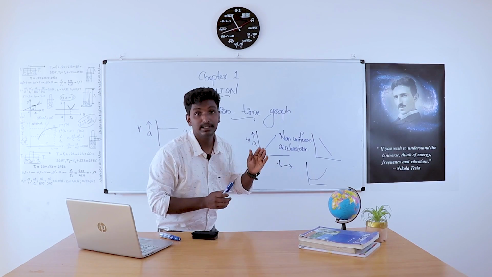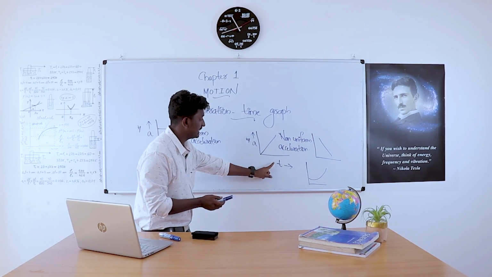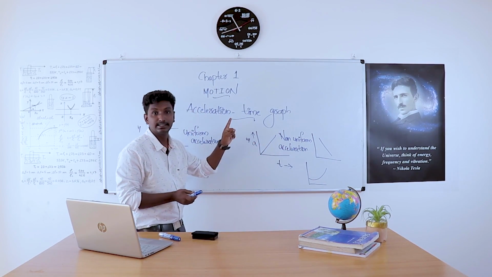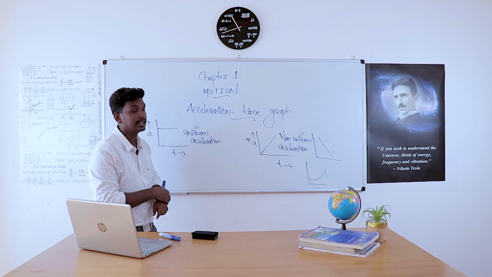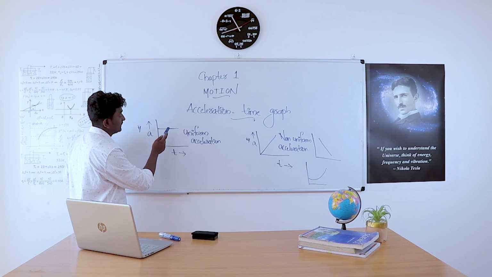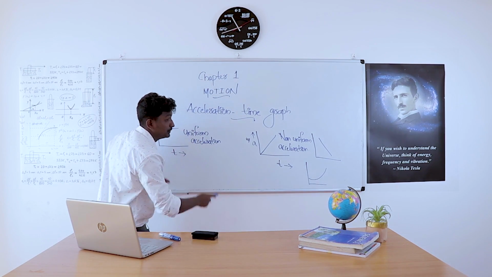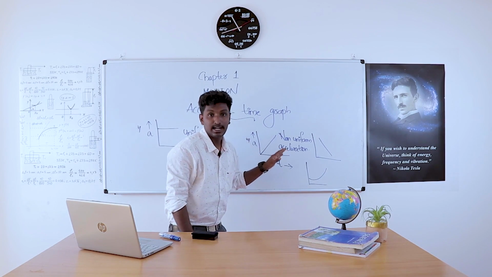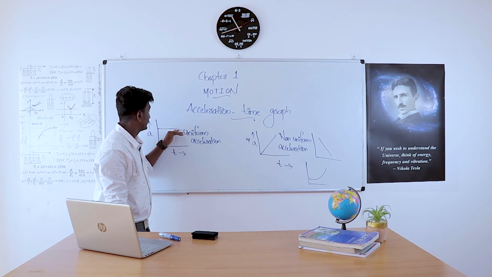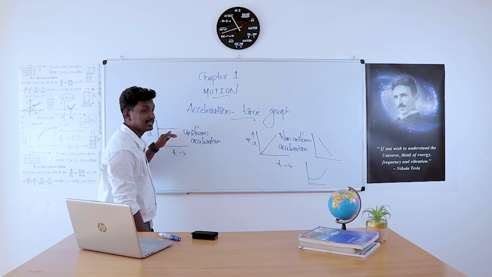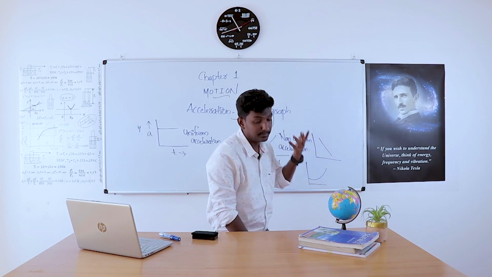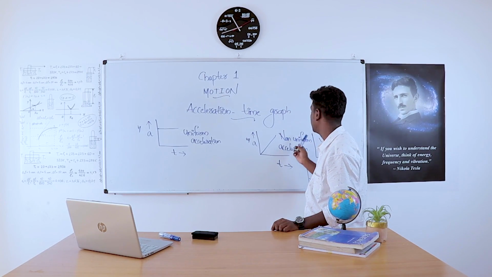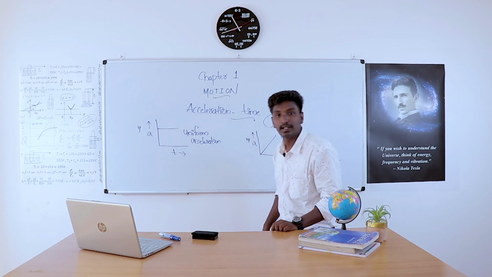Acceleration time graph simply means a graph plotted with time along the x-axis and acceleration along the y-axis. We have only two types of graphs here. One is a straight line parallel to the time axis, that represents uniform acceleration, and other than this type is non-uniform acceleration, that may be a straight line starting from origin or a decreasing one or a curve.